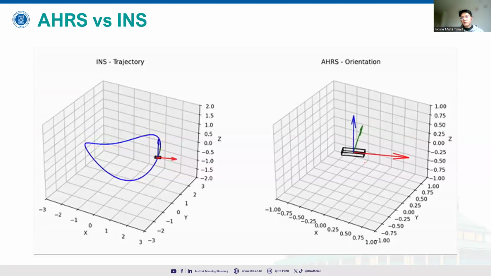So basically INS is also AHRS. AHRS doesn't mean INS, because AHRS is basically measuring the rotation, only the motions of the vehicle. But the INS measures both the motions and also the position estimations.